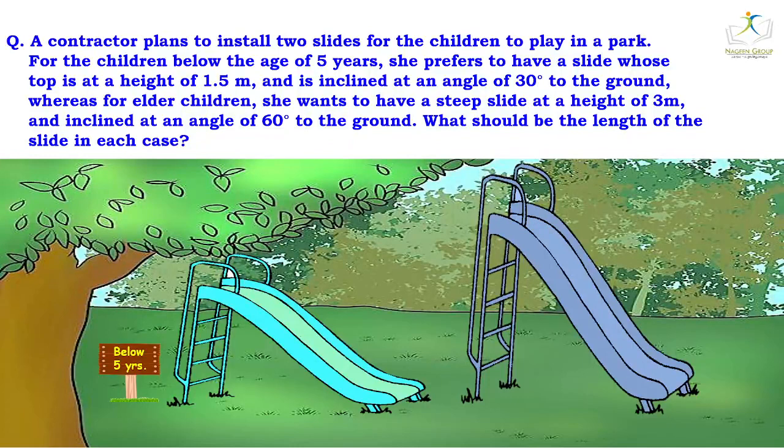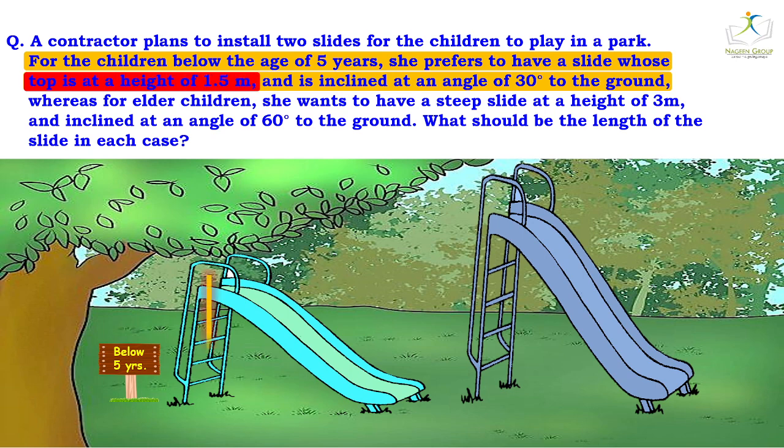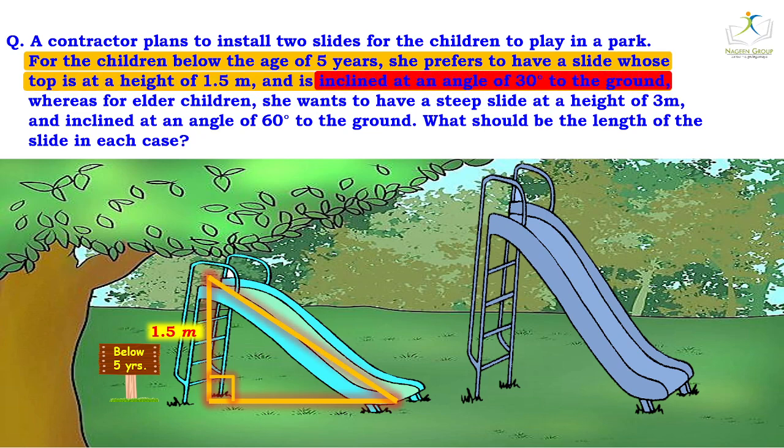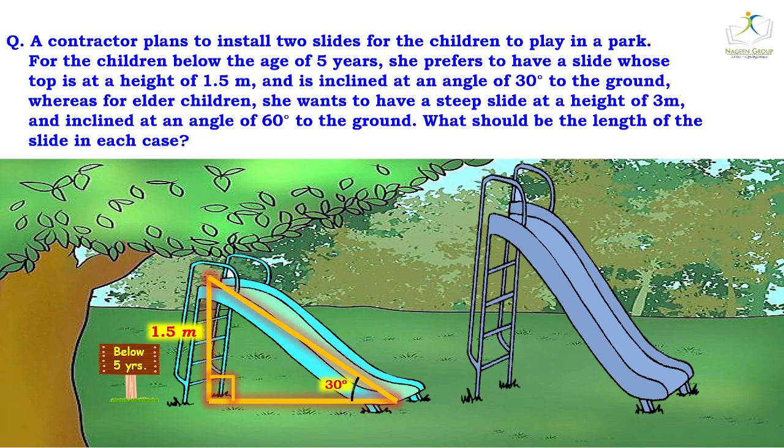So here we consider 2 slides. One is for children below the age of 5 years, another one is for the elder children. First, for the children below the age of 5, the top is at a height of 1.5, inclined at an angle of 30 degree. Consider करते हैं, ये angle कितने का होगा, 30 degree.